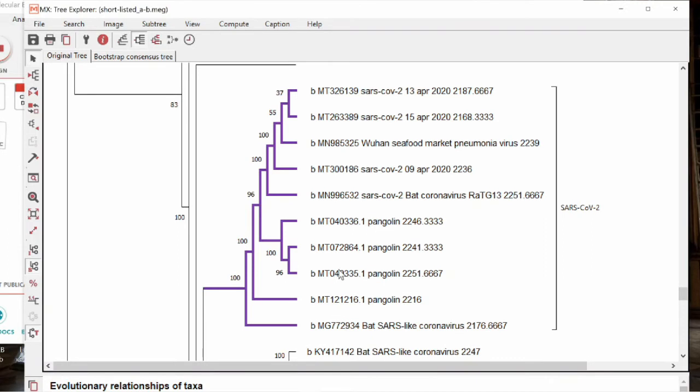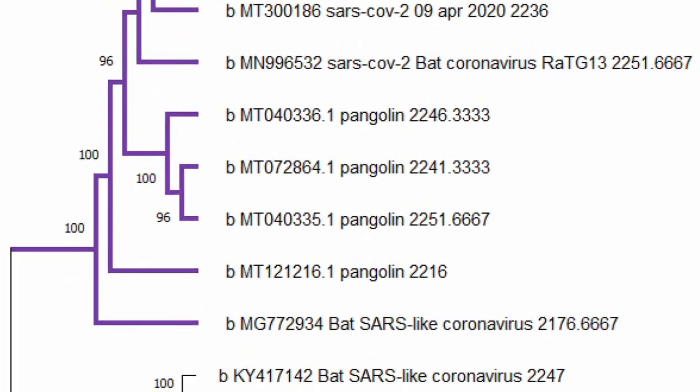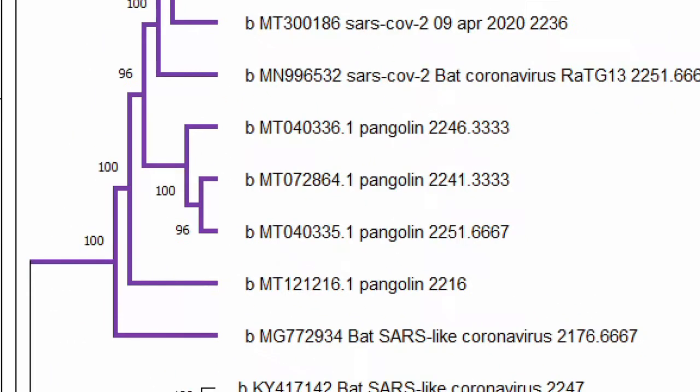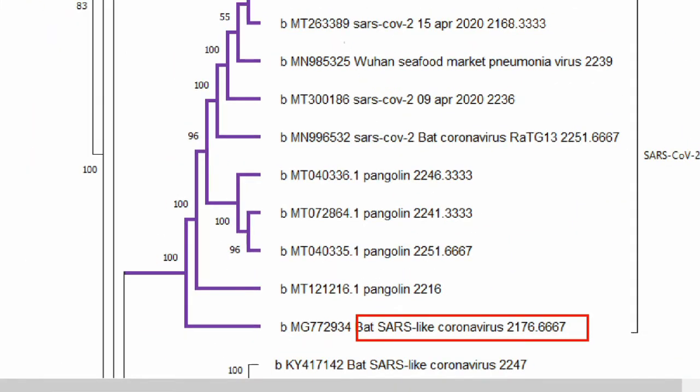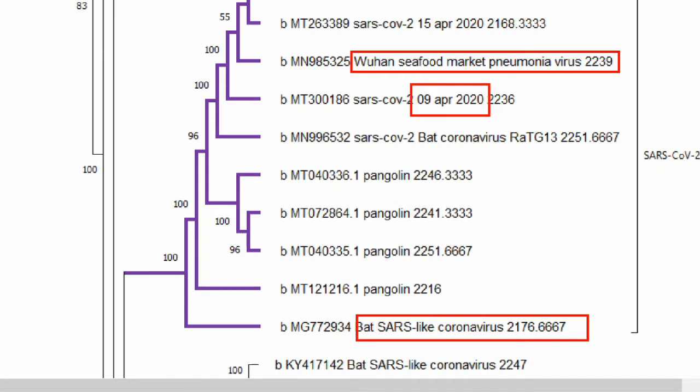We have bat coronaviruses. So we have Wuhan seafood market pneumonia virus, so the human one, closely related but sampled later, another version of the same virus.